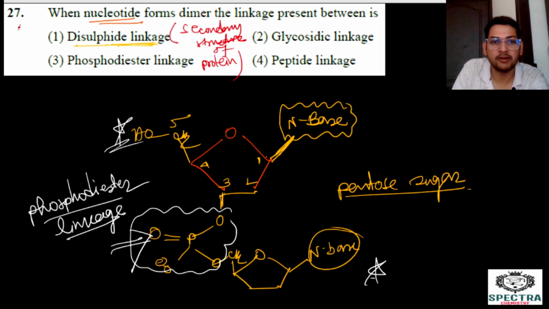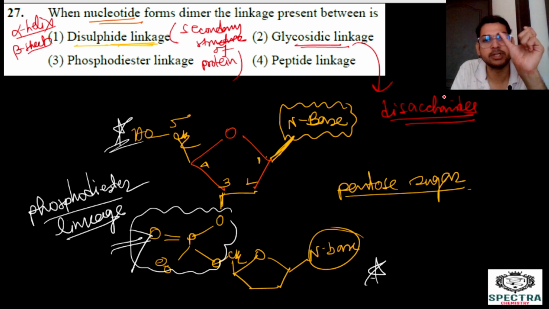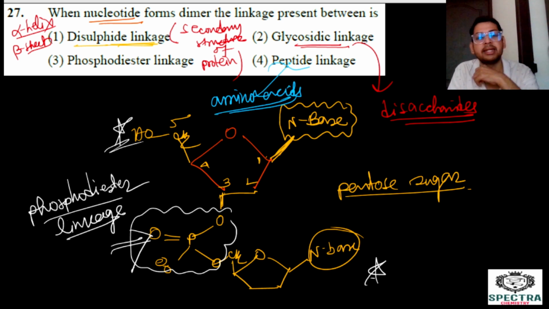That means alpha helix, beta sheet, there we will get disulfide. Glycosidic linkage we will get in disaccharides. So when two monosaccharide units are joined, that is called a disaccharide. And peptide linkage we will get between two amino acids, joined by peptide linkage to make the primary structure of protein.